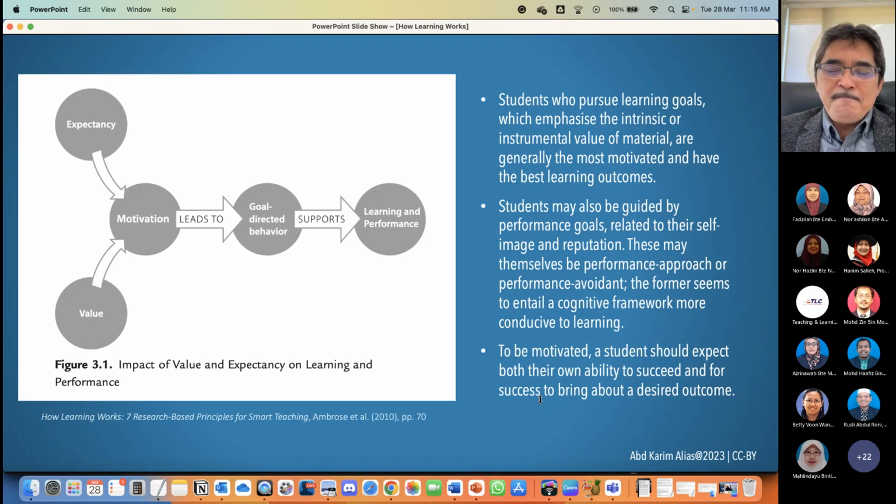So yeah, basically that's more or less what it means, because we want the students to trust their own ability. Our students, novice students, macam kita juga apabila kita belajar satu topik yang baru kan, kita kurang keyakinan.